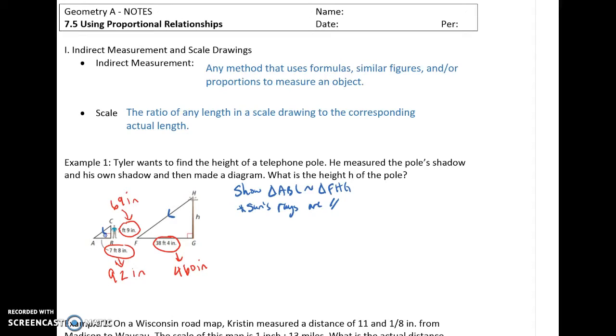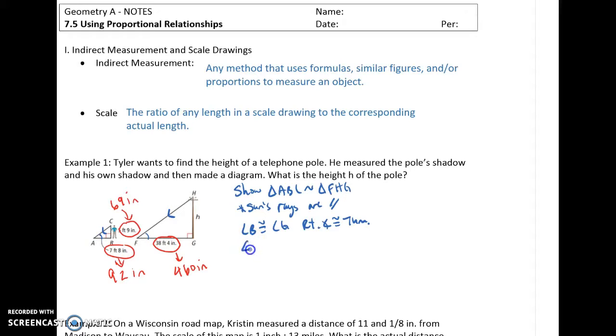This should make our life pretty simple to show that the triangles are similar. First I know that angle B is congruent to angle G because of the right angle congruence theorem. And then secondly, since these rays are parallel, I've got these lovely corresponding angles that should also be congruent.